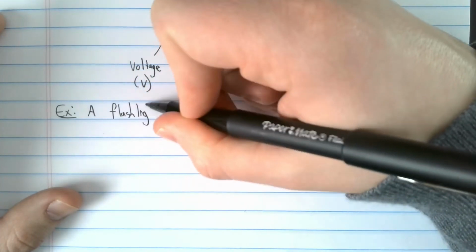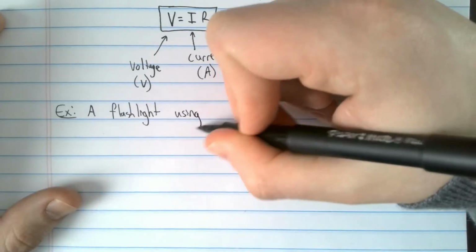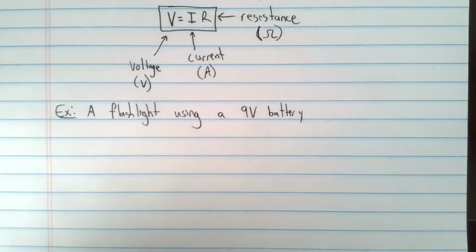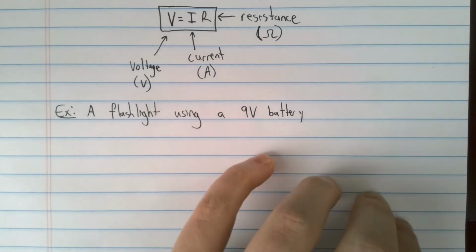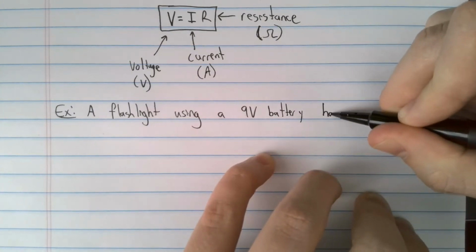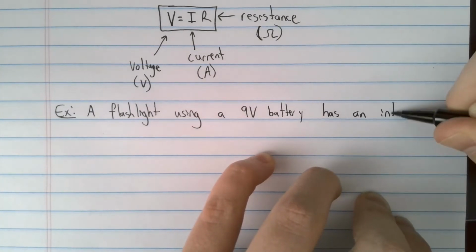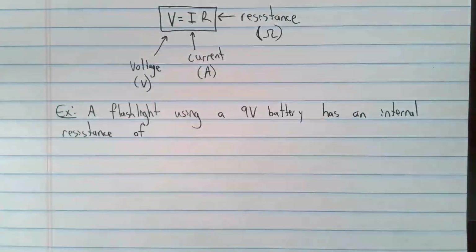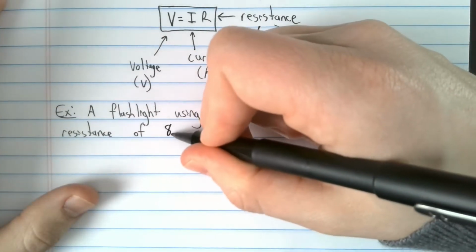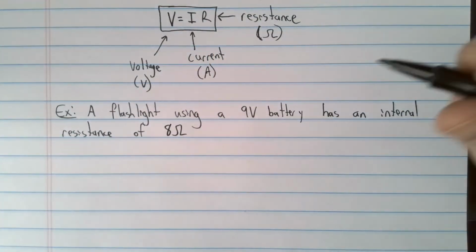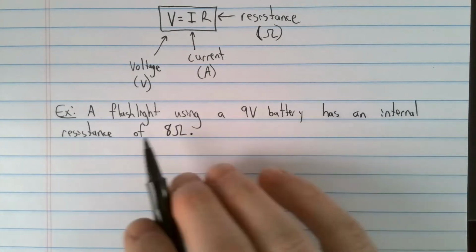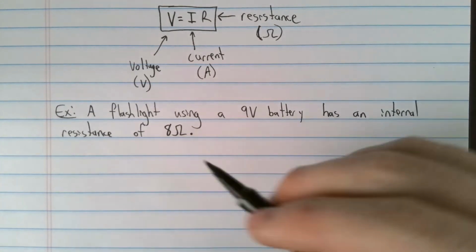Here we go. A flashlight using a 9-volt battery has an internal resistance of, we'll say, 8 ohms.